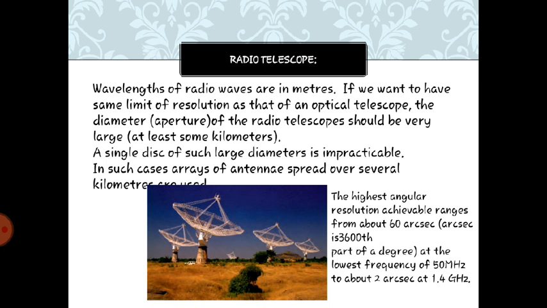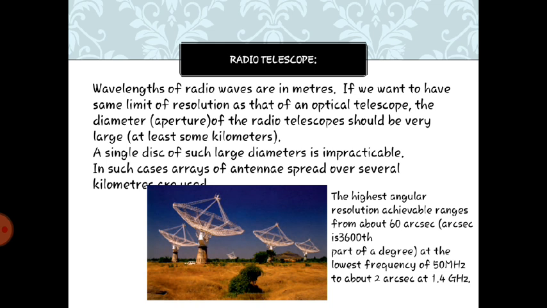Obviously, a single disc of such large diameter is impracticable. So these are not found near us. In this case, the antenna spreads over several kilometers, and in Pune it is near Narayangaon, the Giant Metrewave Radio Telescope.